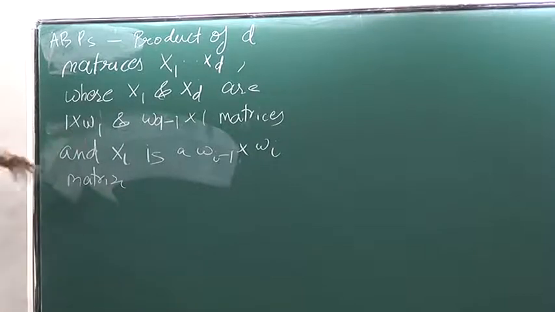The entries in these matrices are just linear forms. You could also have affine forms, but without loss of generality in this work, you can assume they're linear forms. You can reduce it to this case.